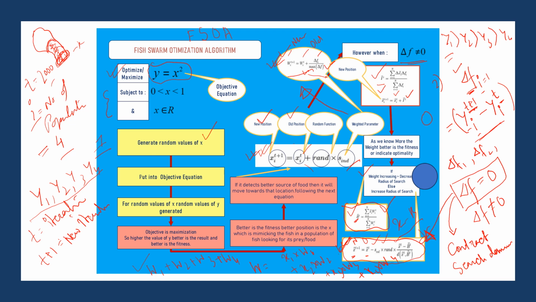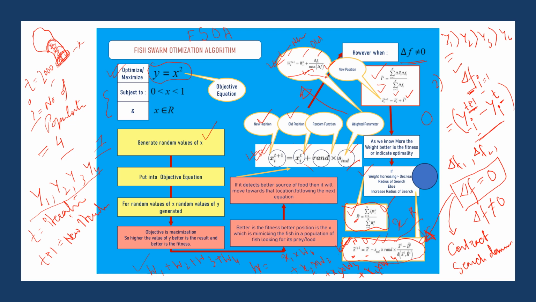So del f by maximum of del f added to the old value of weightage will give you the new value of weightage. Now put this new value of weightage here as the weight parameter, multiply with the random number, add it to the old value of x, and generate the new value of x for each iteration, sorry, for each population.